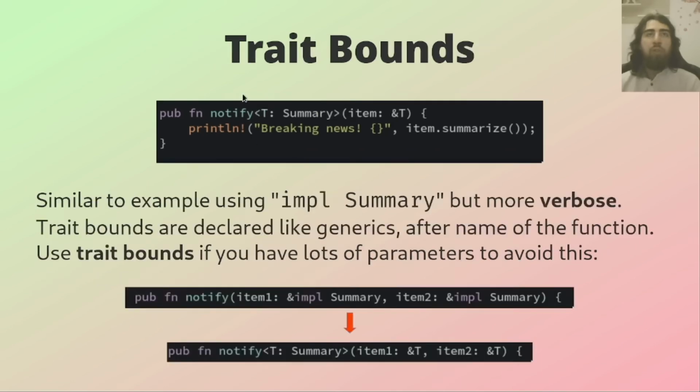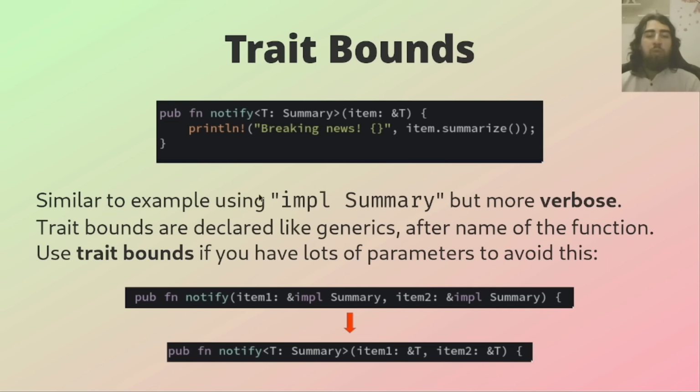Now there is also a concept called trait bounds, meaning if we declare over here a generic type parameter, we can define that the type over here must implement the Summary trait. So the argument we pass to this notify function must implement the Summary trait.